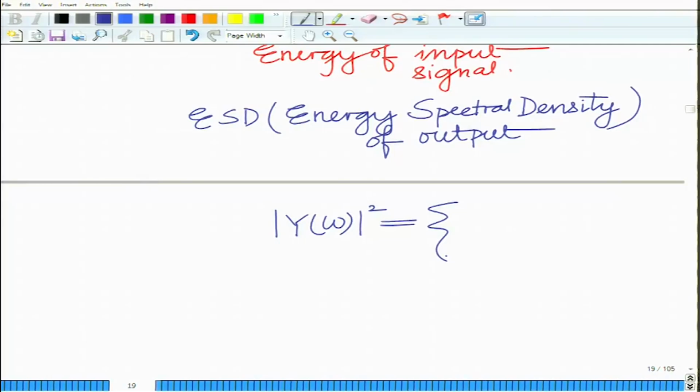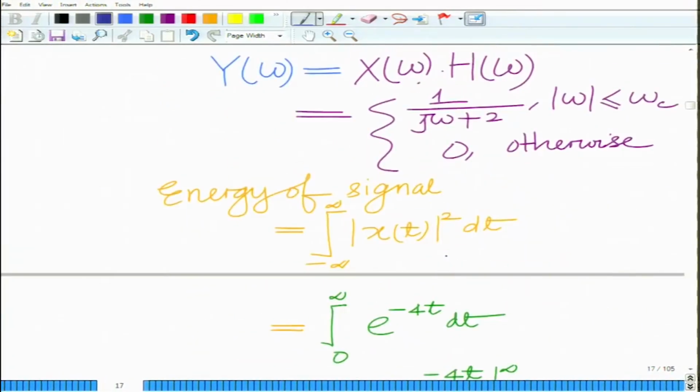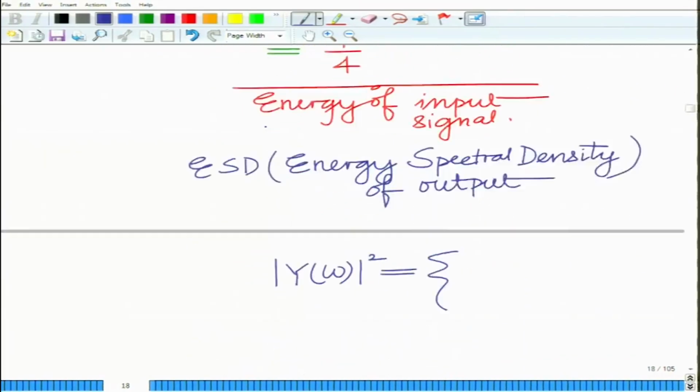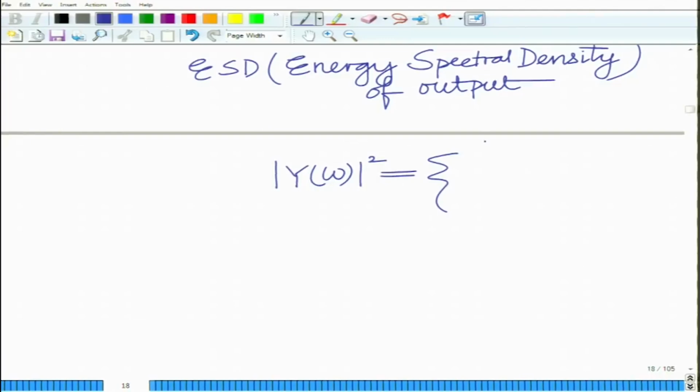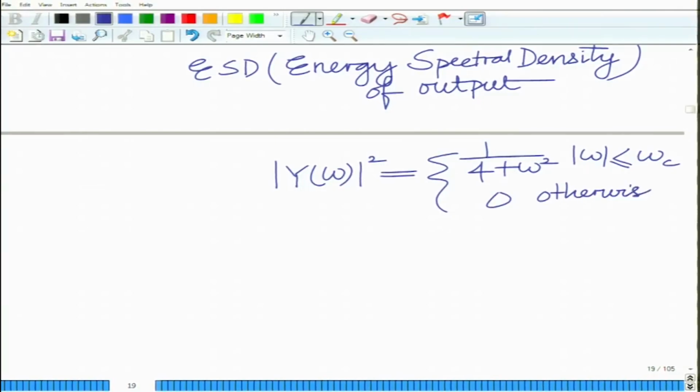Remember, we have seen what Y of omega is; we get Y of omega from this expression. So, magnitude Y of omega squared is basically 1 over 4 plus omega squared for magnitude omega less than or equal to omega c, and 0 otherwise. So, this is the energy spectral density of the output signal.